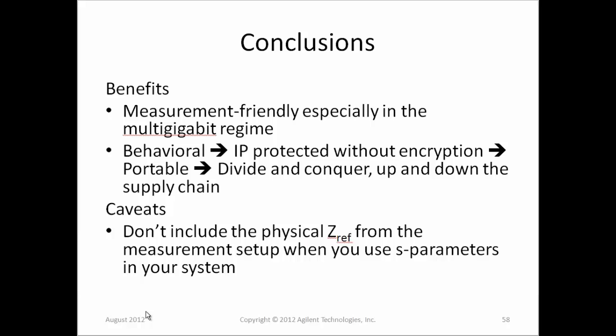But you do not incorporate that physical component into your usage model when you're using S parameters in the system. So bear in mind, you need to separate the measurement case from the usage case. The usage case doesn't include any physical Z impedance. It's just an algebraic quantity.